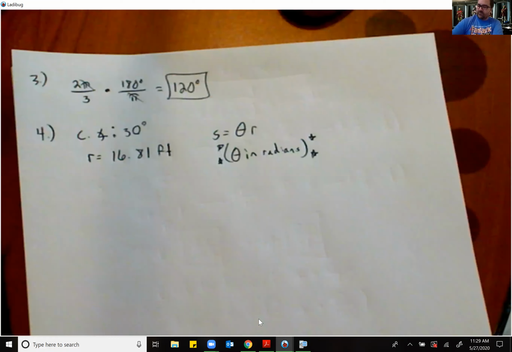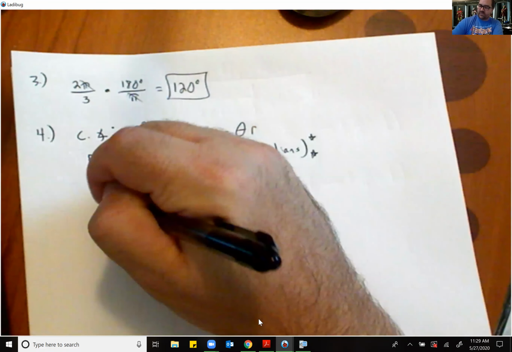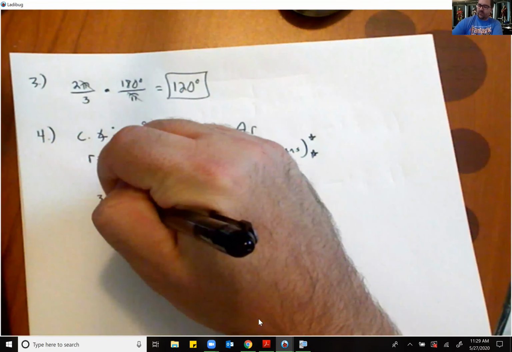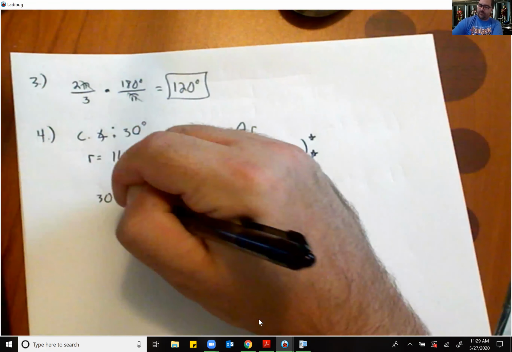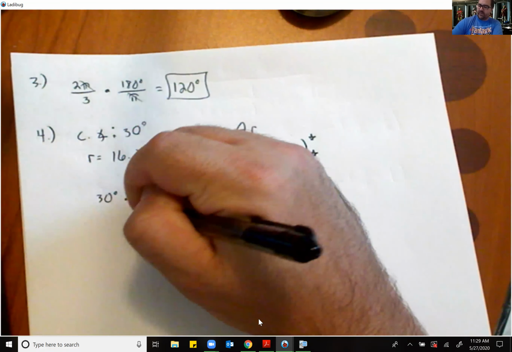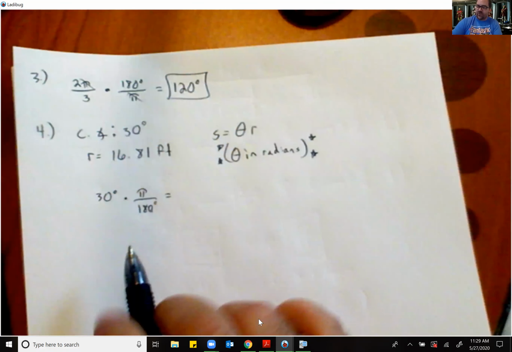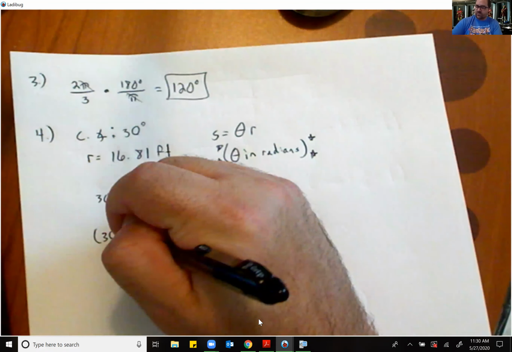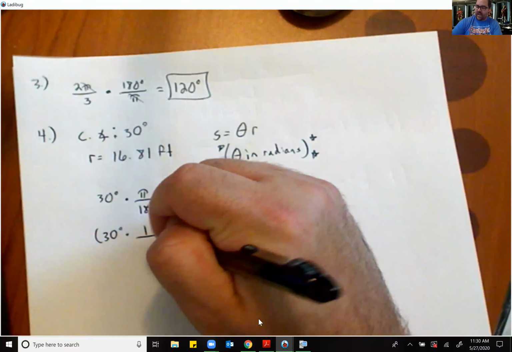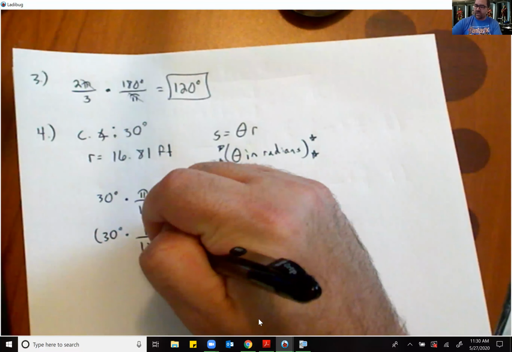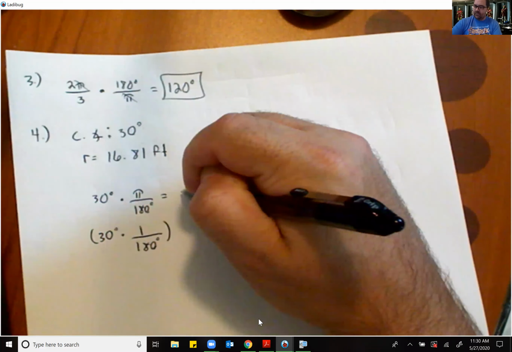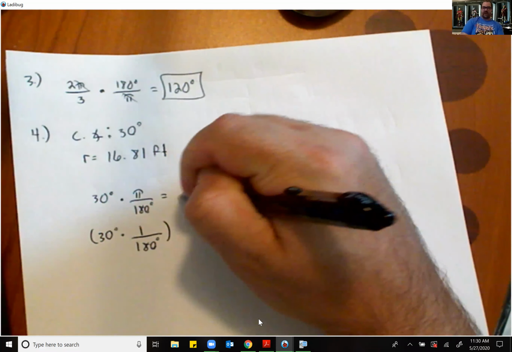So all we got to do is take 30 degrees and change it into radians. And again, we talked about how to do that. You're going to multiply it by pi over 180 degrees. Or in other words, what's really going on here is you're taking 30 degrees times 1 over 180 degrees. In the end, you're just going to slap pi in the numerator of your fraction.